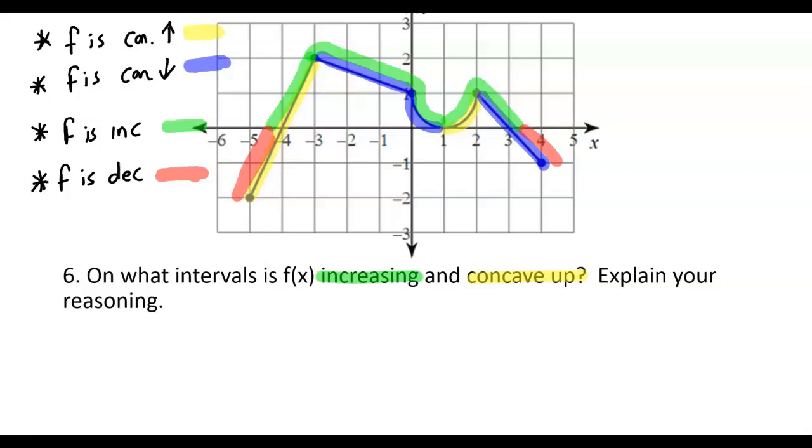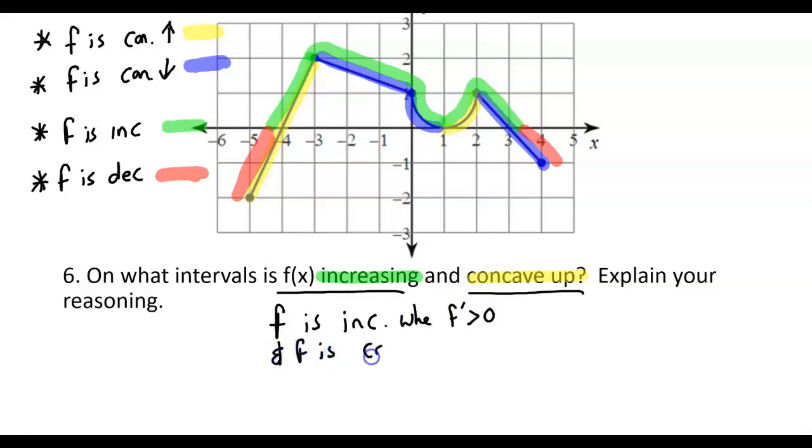Okay? So here we go. Let's write our answer out. You have to give an explanation for both of these. So F is increasing when F prime is positive, and F is concave up when F double prime is positive.